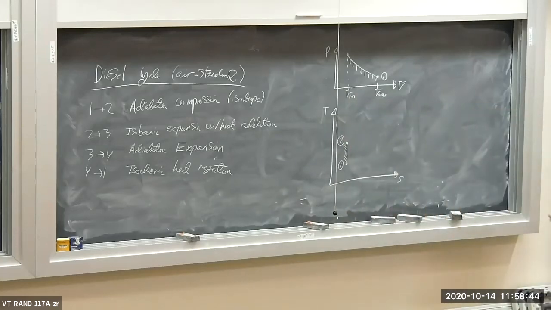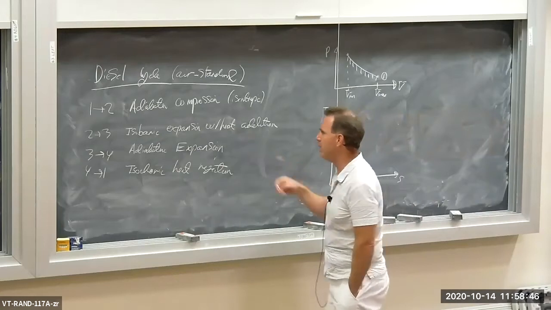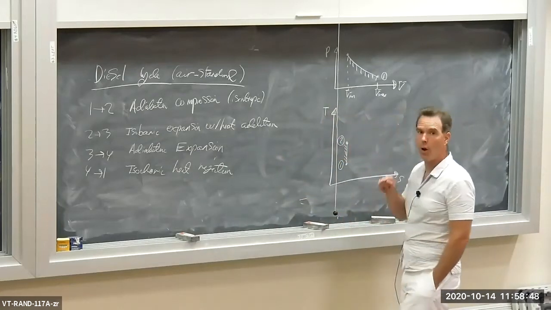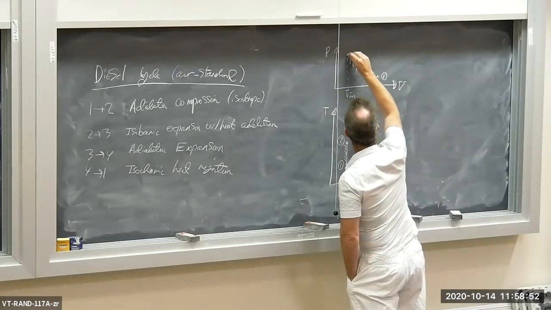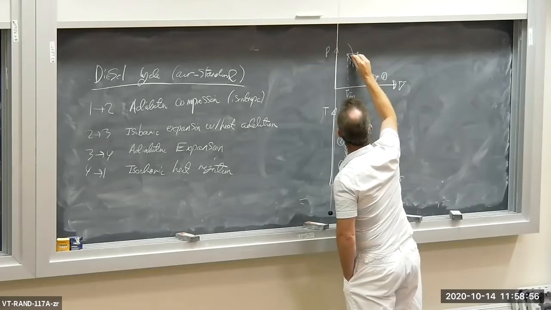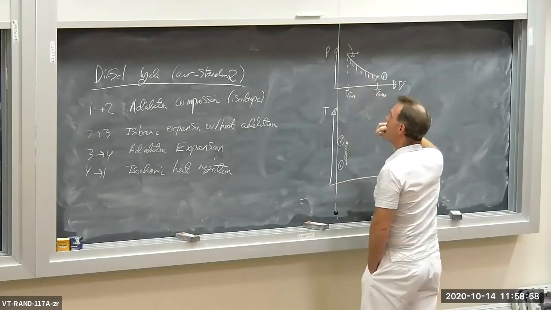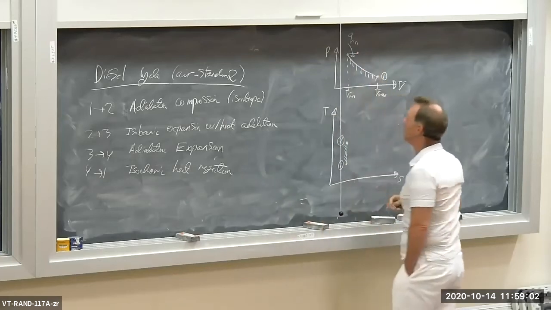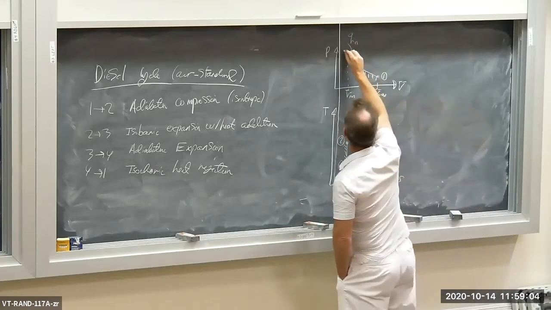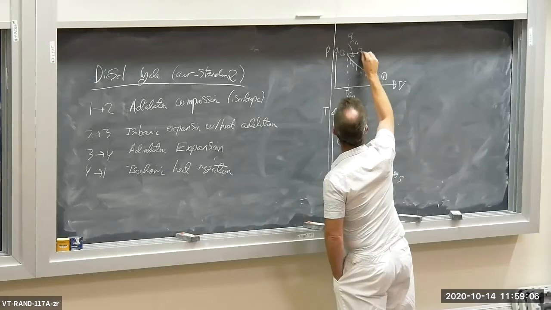But now, instead of isochoric heat addition, we have isobaric expansion with heat addition. We begin to expand the air, and we add heat at the same time. So Qin occurs from state 2 to state 3.